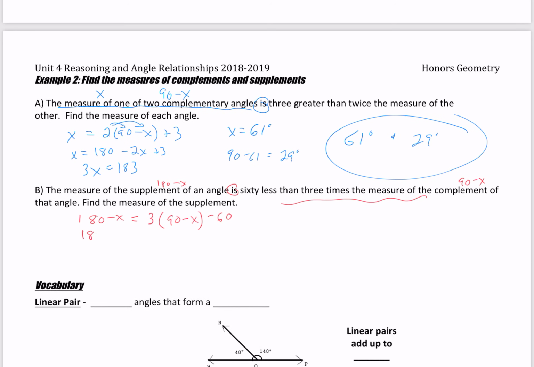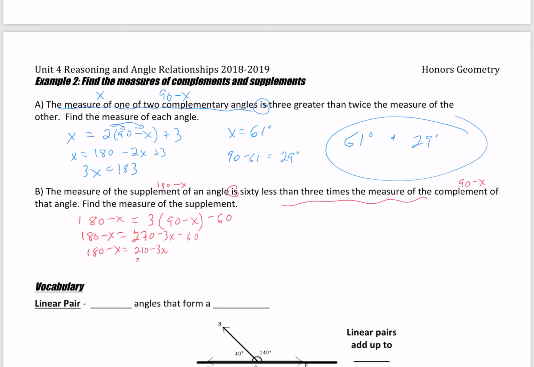Then when I do the algebra now, distributive property, and then after I simplify some of this stuff, 210 minus 3x, 30 equals 2x, x is going to equal 15.